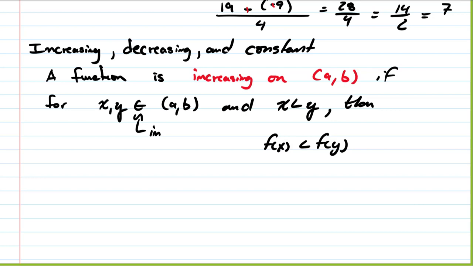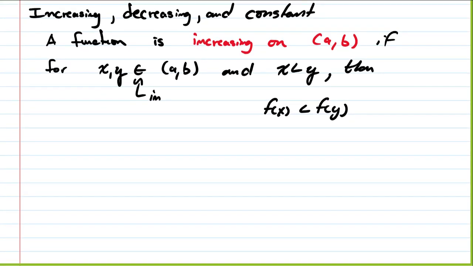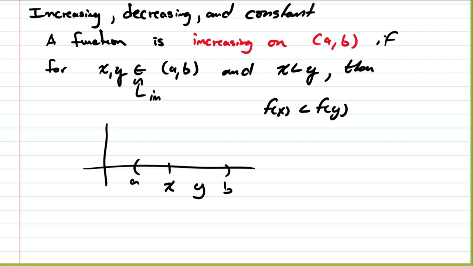So it says if you take any 2 points in the interval a, b, then if x is less than y, then f of x has to be less than f of y. And that's what it means to be increasing. So in terms of a picture, you have your interval a, b, and you take 2 points x and y, and it says if x is less than y, so x would be to the left of y, then f of x has to be less than f of y.